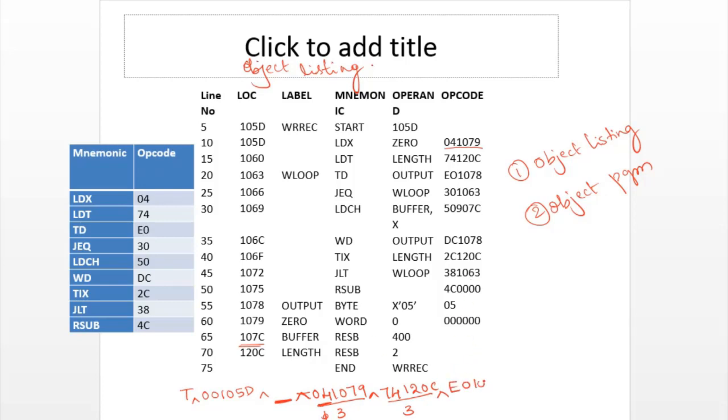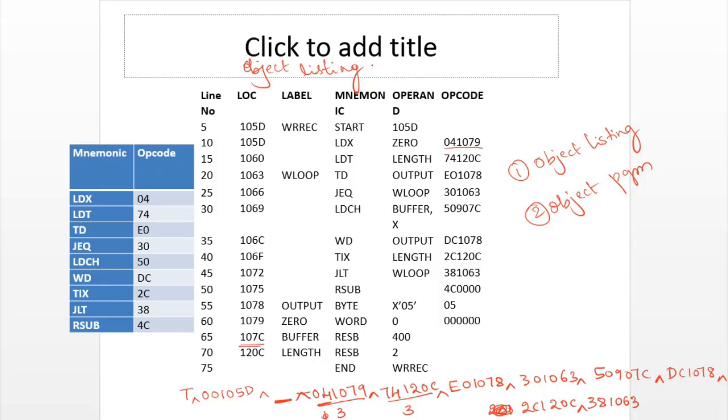It is E01078, followed by 301063, followed by 50907C, followed by DC1078, followed by 2C120C. Are you getting it? Followed by 381063.